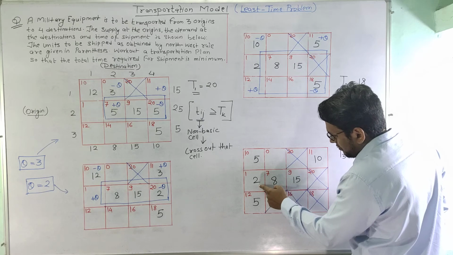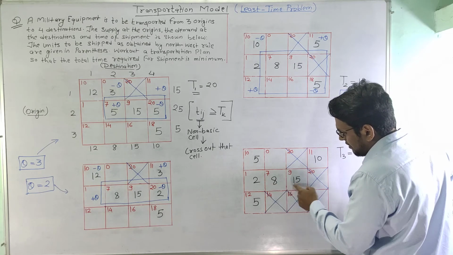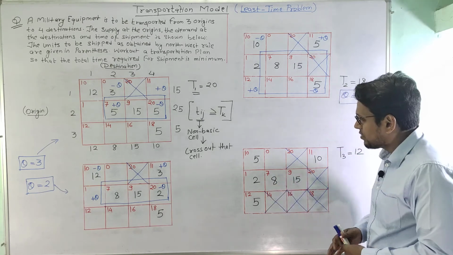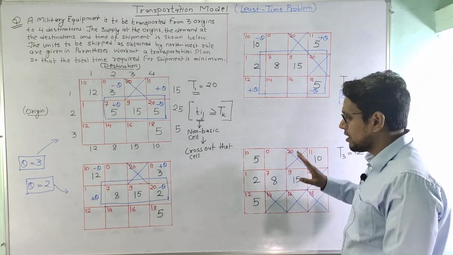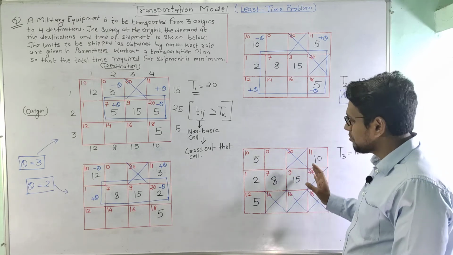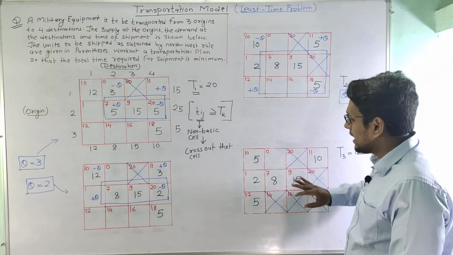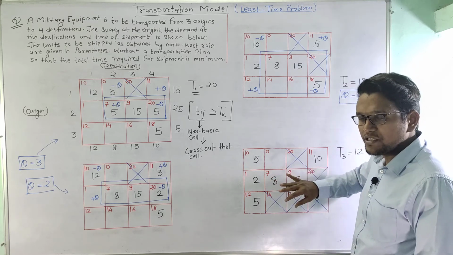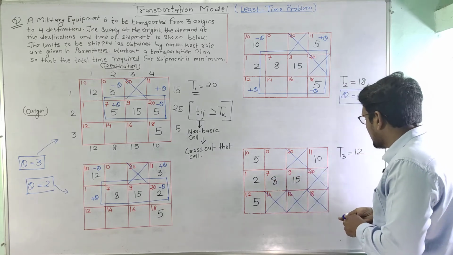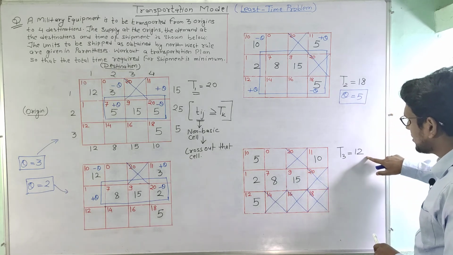Here also if I move up to here, then I will not be able to form a loop. If I am not able to form a loop, that means I cannot improve this solution further, and this is the optimal allocation and this is the minimum transportation time.